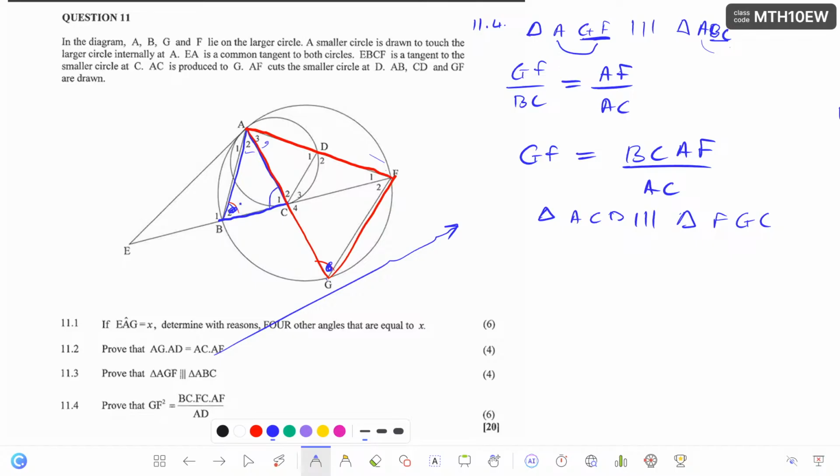So ACD, this small one, and FGC, this small one.